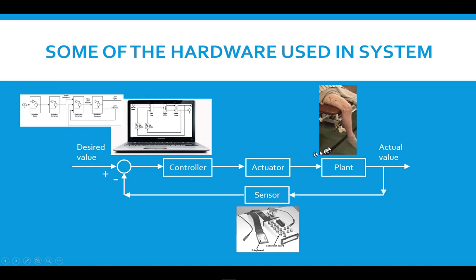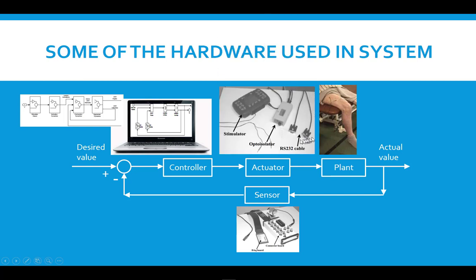The plant is the leg itself, the lower leg specifically, because what we're controlling is the angle of that lower leg. And then the actuator, this is the hardware used in the actuation system. There's our stimulator there, and then the other pieces of equipment that are part of that actuation.